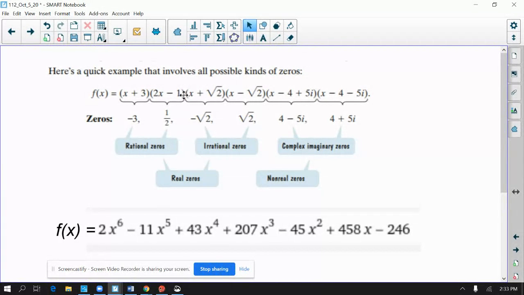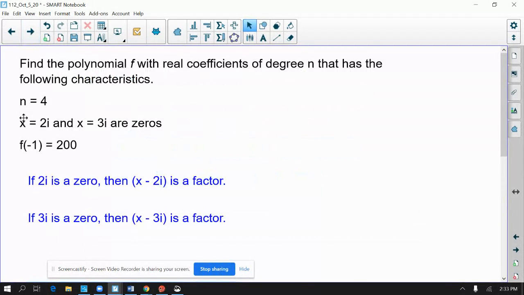If you multiply this all out, which would take at least 10 minutes, you get this big polynomial. And look at all these coefficients. They're all real. So that means the imaginary has a conjugate, and they're all rational. So the irrational part has a conjugate. That's going to come into play right here.